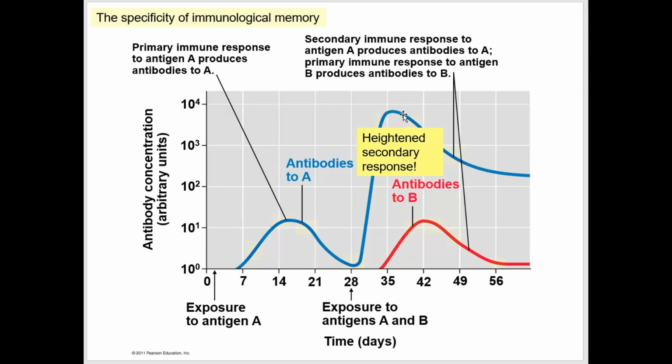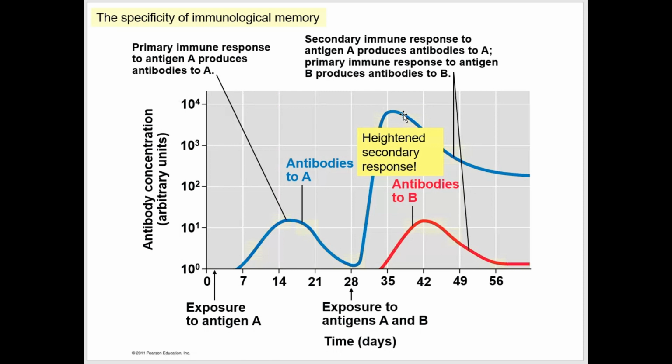And the reason is because you do not have to go through all of these steps. You do not have to employ macrophages, phagocytic cells, and have all these antigen-presenting cells that are going to trigger this adaptive immunity. Here, you will already have a memory cell, and the memory cell will divide, activate and differentiate into a plasma cell, and then the plasma cell will immediately produce a ton of antibodies so that those antibodies can immediately capture the pathogens.